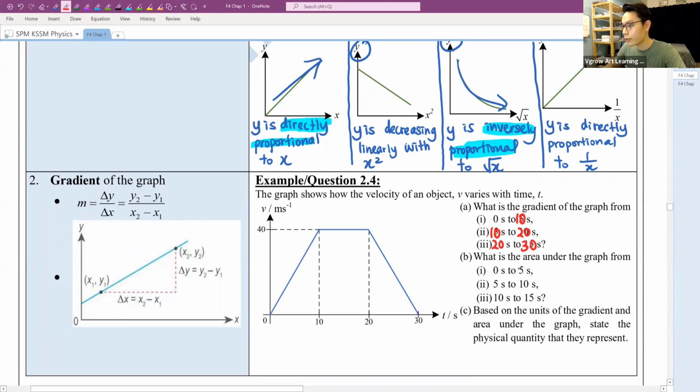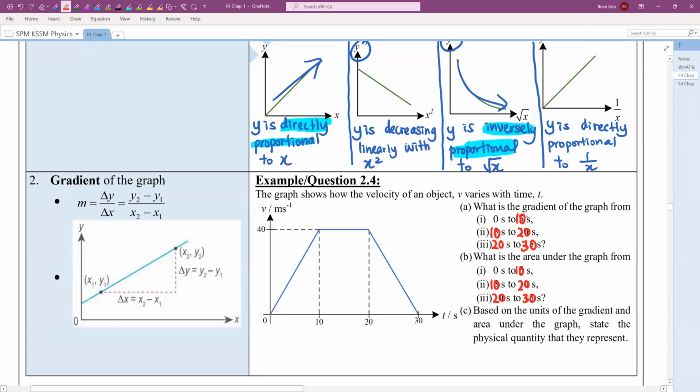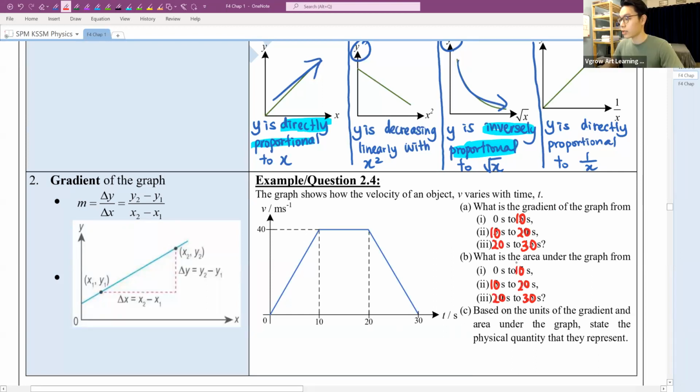This question also the same, 0 to 10, 10 to 20, 20 to 30. Can you change all this question to like this? I think Connie got disconnected for a while. Sorry, I made a mistake with the question. All the red color one you change to 0 to 10.